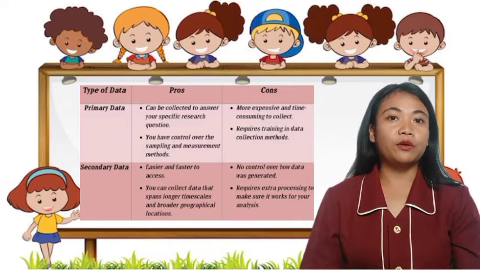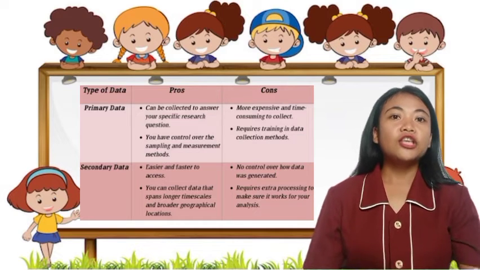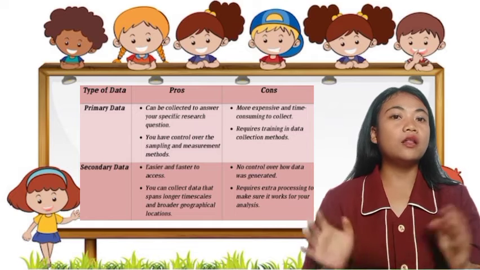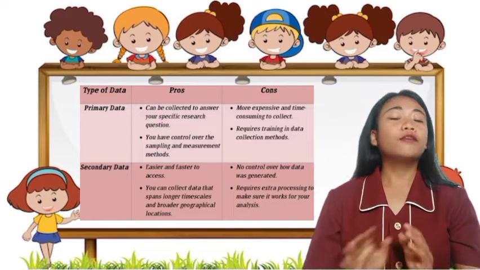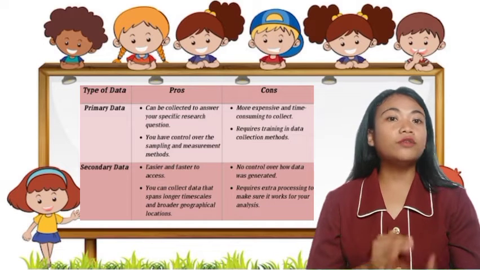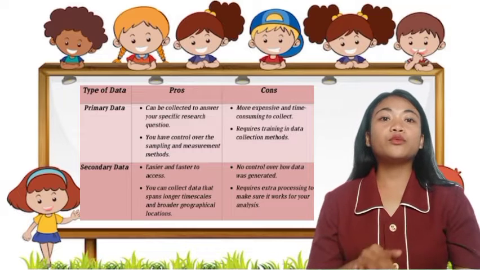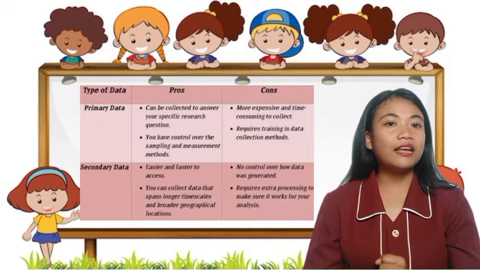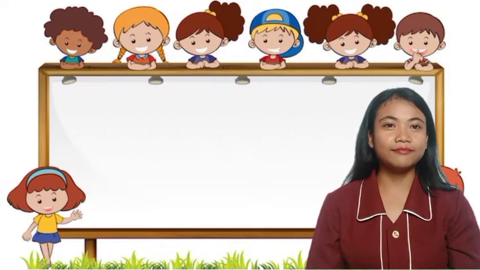For secondary pros, it is easier and faster to access. You can collect data that spans longer time scales and broader geographical locations. For its cons, you have no control over how data was generated, and it requires extra processing to make sure it works for your analysis.